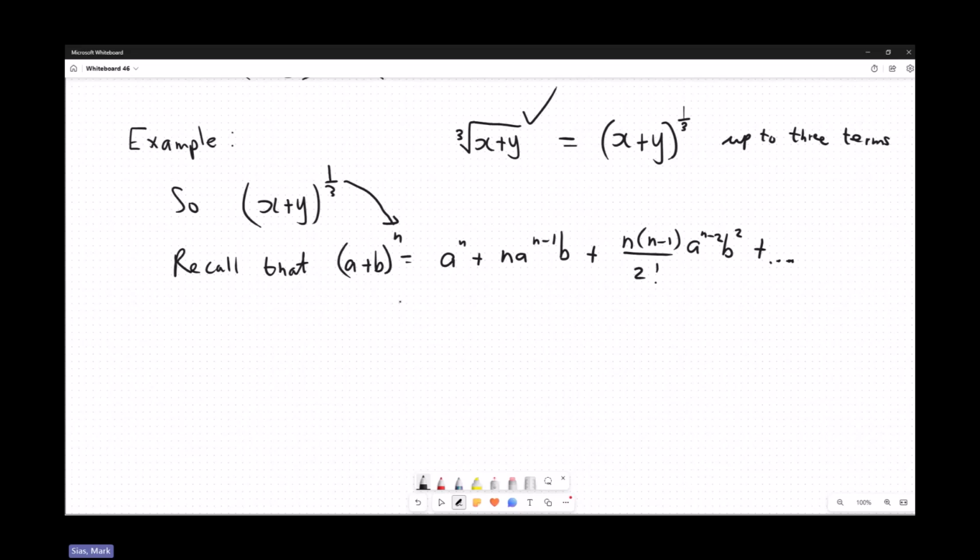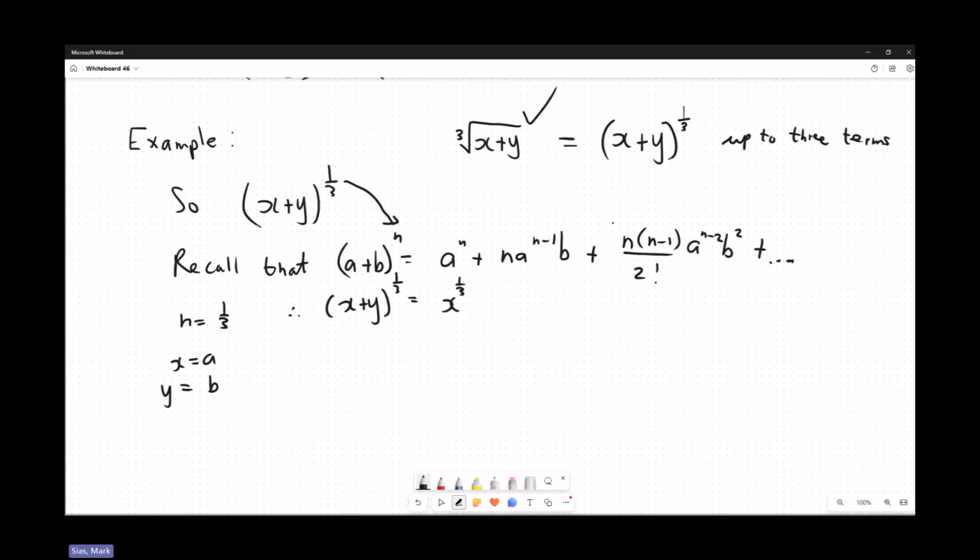So let's see quickly. For our case, n is equal to a third, x is equal to a, and y is equal to b. So we just have to apply the formula. Therefore, (x + y)^(1/3) equals x to the a third.